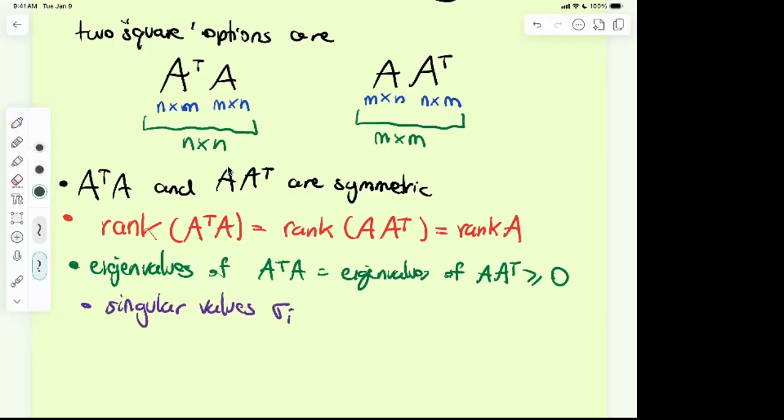You only care about the non-zero ones because they're either zero or positive. Only the non-zero ones are interesting. So the singular values are the square roots of the eigenvalues of this matrix, and the ones that are non-zero go from k equals 1 to k equals the rank.